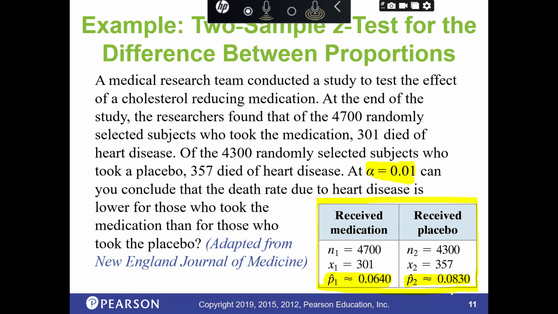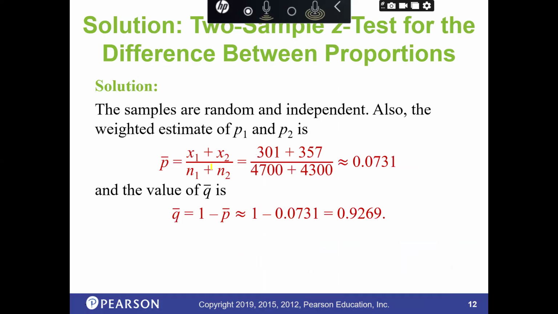All right, so we got our p hat 1 and p hat 2. First things first, we have to get our p bar and our q bar.